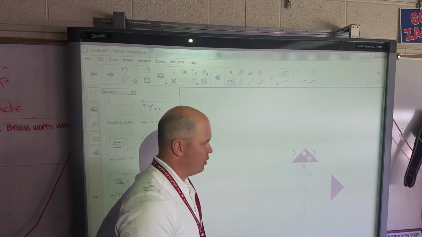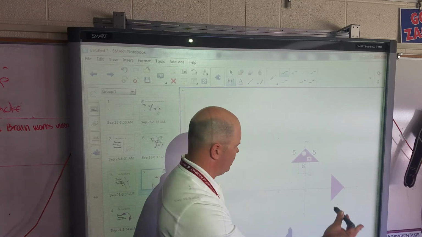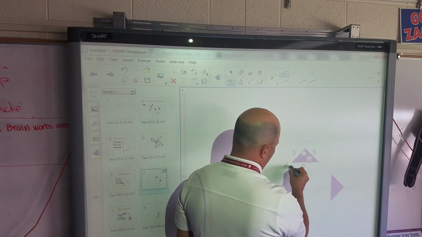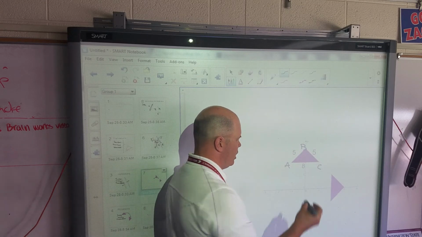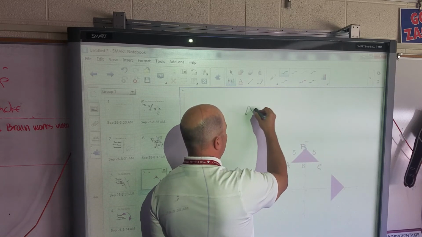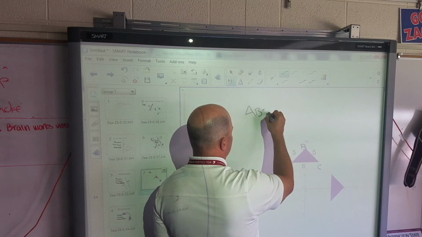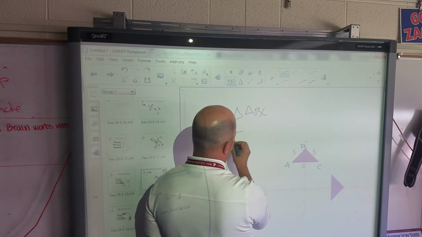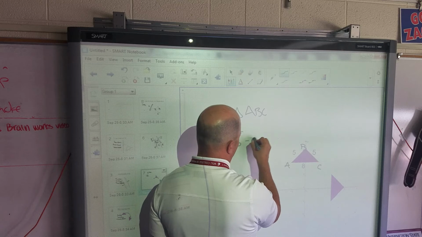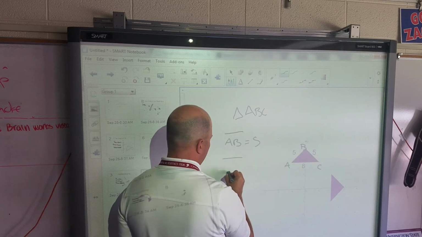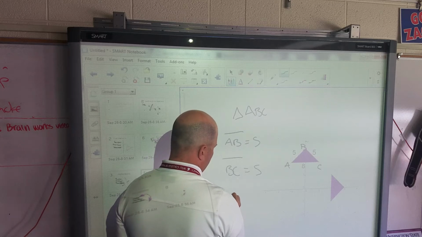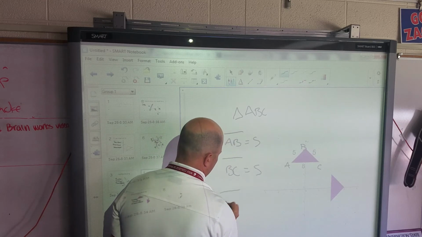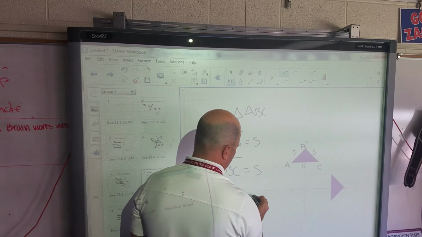Same thing with rotation. This is a good one because these figures aren't labeled, so this will become triangle ABC with line segment AB equal to 5, line segment BC equal to 5, and line segment AC equal to 8.